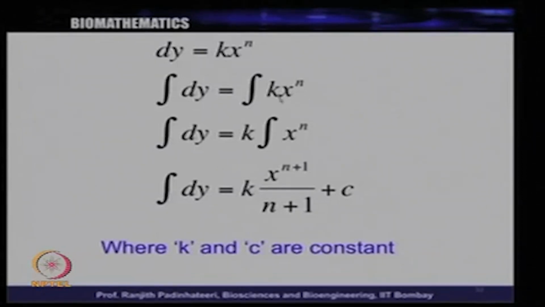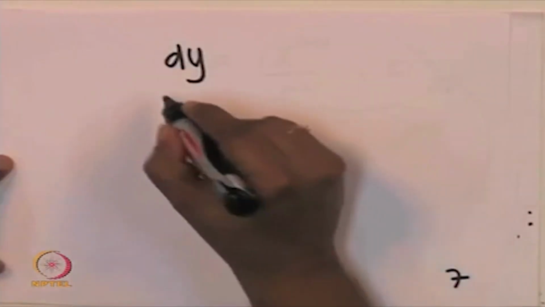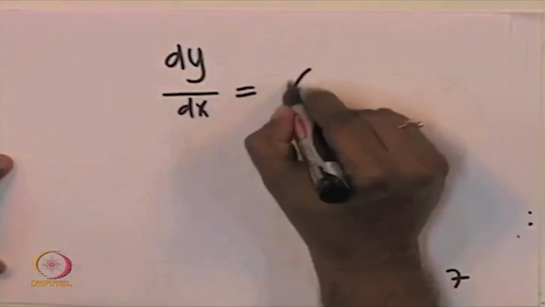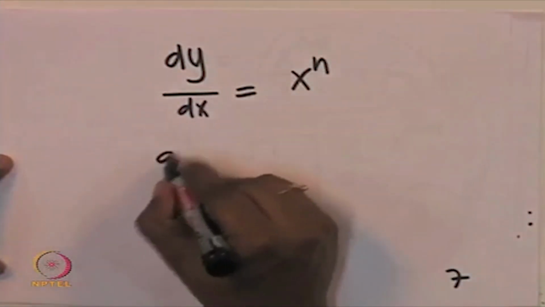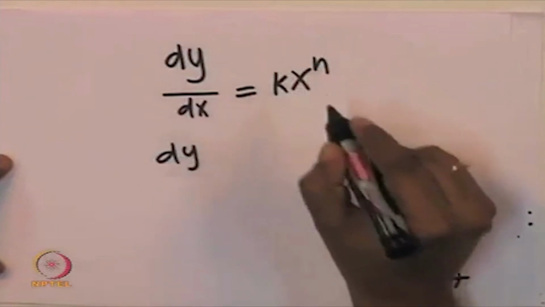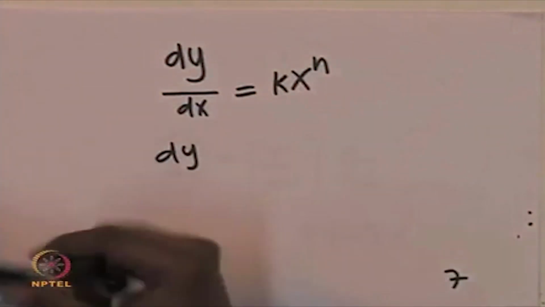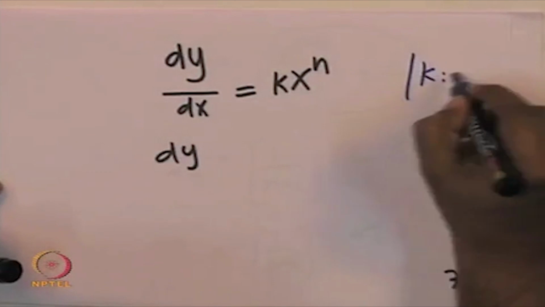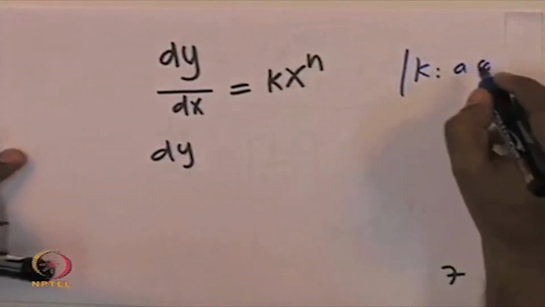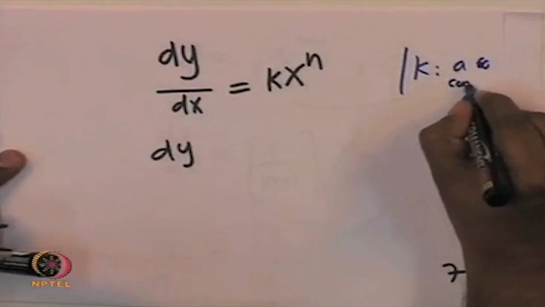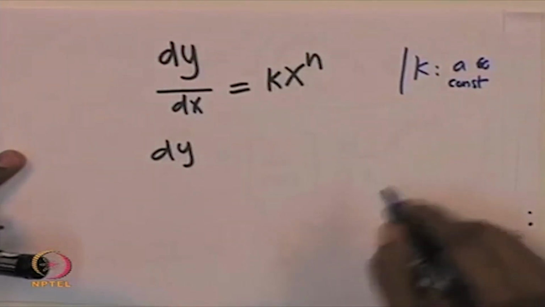So, let me write it here clearly. There are some typographical errors in the slide, so let me write this carefully. The correct thing is what I am writing here: dy by dx is k x power n, where k is a constant, it is a number.